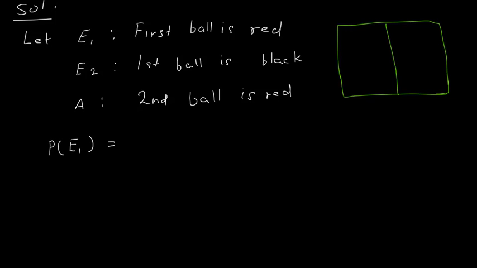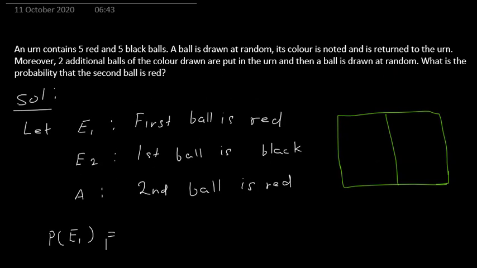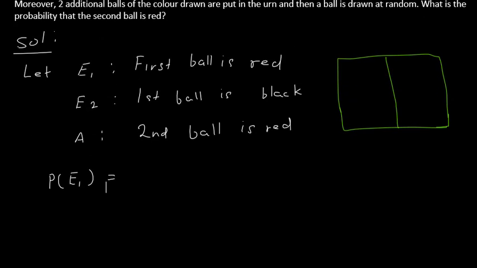Now, probability of E1, as per the problem, that is first ball is red, is 5 upon 10. It is 5 divided by 10, which is 1 divided by 2. And probability of E2 is also 5 divided by 10, which is 1 divided by 2.